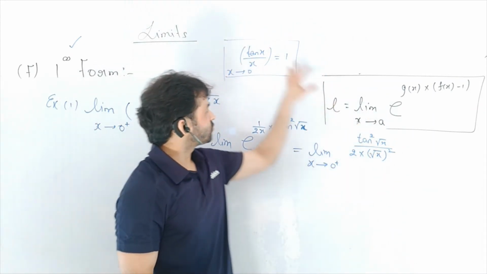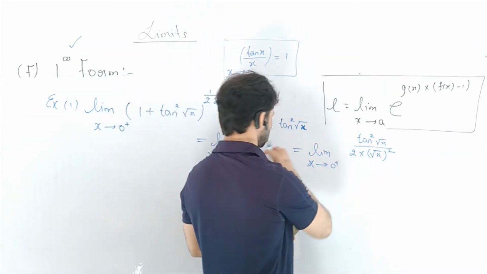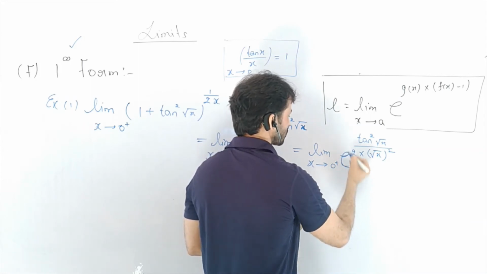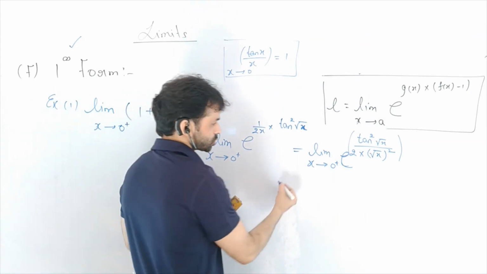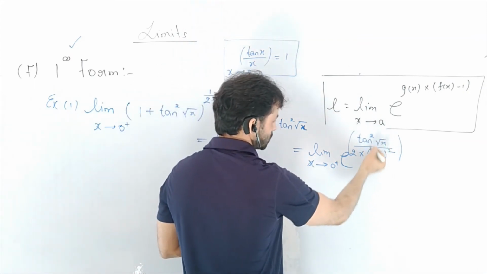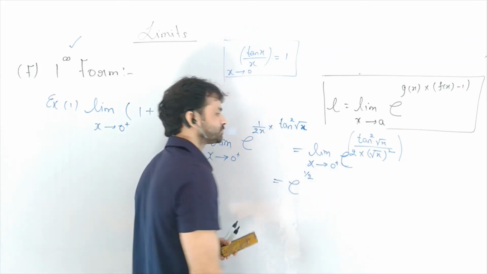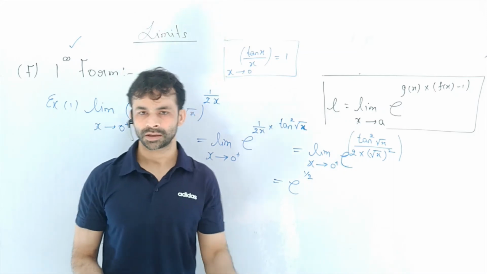So here we get this form. The limit of this is 1, so 1 by 2, e to the power 1 by 2 is the answer. Simple, it just takes 2-3 lines.